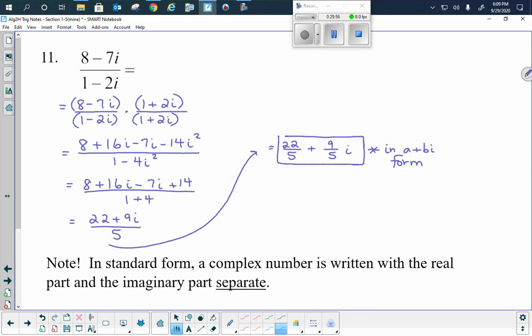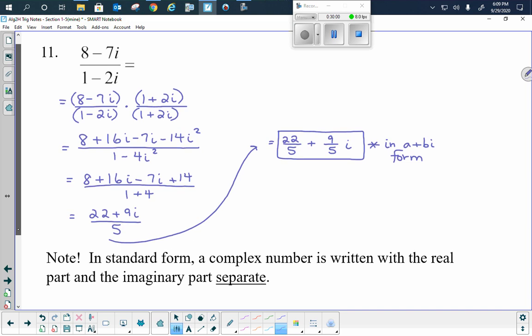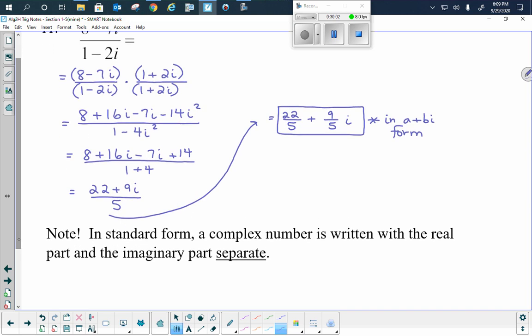Okay, there would be our final answer. And like it says in the note, guys, in standard form, a complex number is written with the real part and the imaginary part being separate, which is what we've been practicing all the way through. So continue to practice with that and see what you can do.